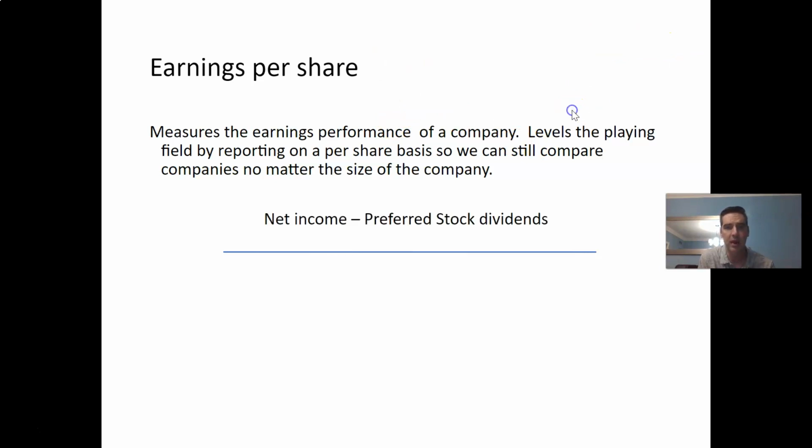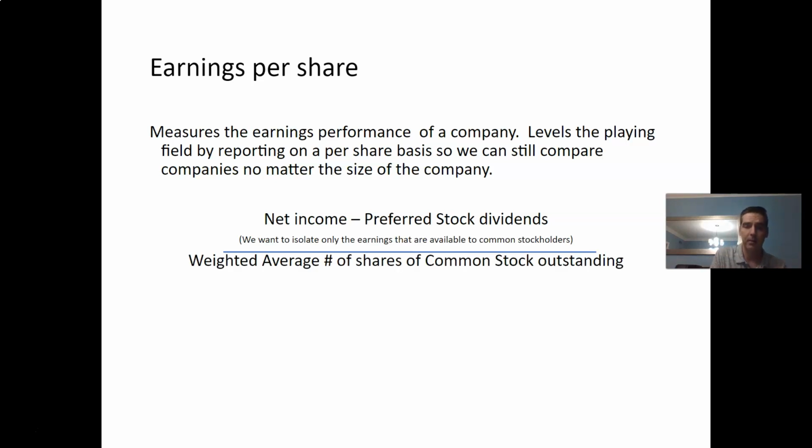Your EPS number starts with your net income, which I just showed you, and you take out any preferred stock dividends. We've already talked about preferred stock dividends in the class. Not all companies have preferred stock, but you take the preferred dividend out because earnings per share is what is afforded to the owners of the company, which happen to be the outstanding shares of common stock.